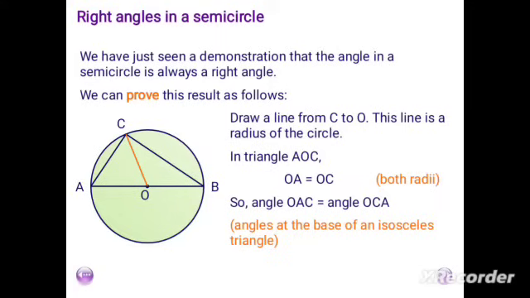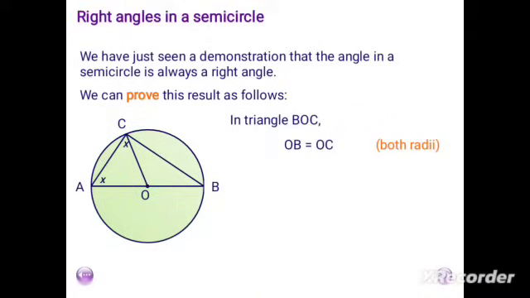So angle OAC is equal to angle OCA, because the angles at the base of an isosceles triangle are equal. Let's call this angle x.